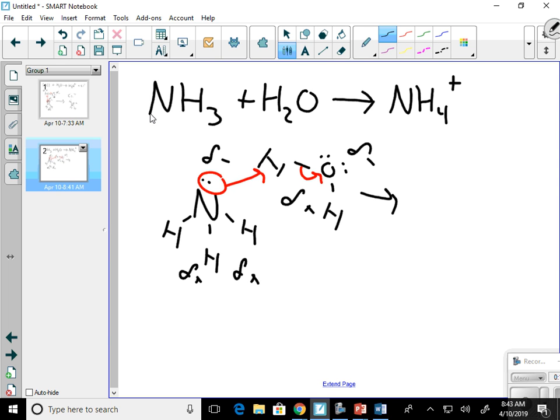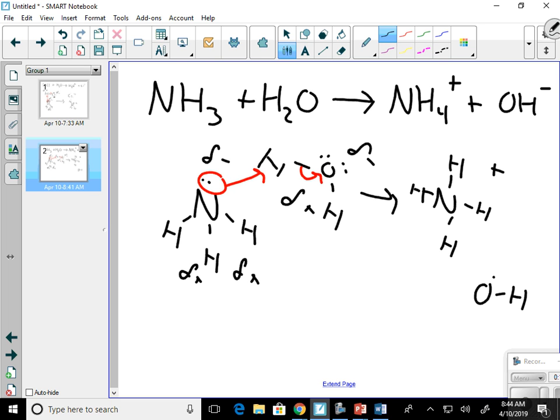And that H+ that made it go from ammonia to ammonium was donated by the water, which leaves water as OH minus. I draw out the Lewis dot of our remaining products. Ammonium is a +1 charge. Hydroxide is a minus 1 charge.